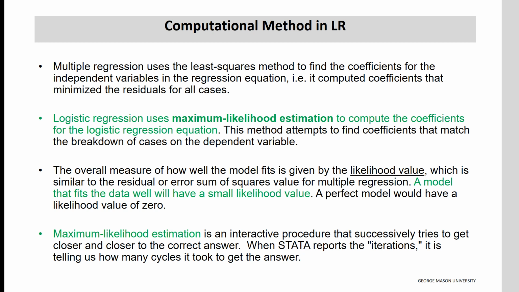A model that fits the data well will have a small likelihood value. A perfect model would have a likelihood value of 0. The maximum likelihood estimation is an iterative procedure that successively tries to get closer and closer to the correct answer. When Stata reports the iterations, it is telling us how many cycles it took to get the answer.